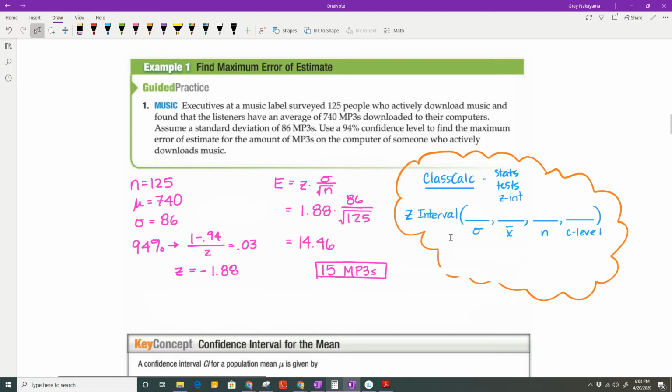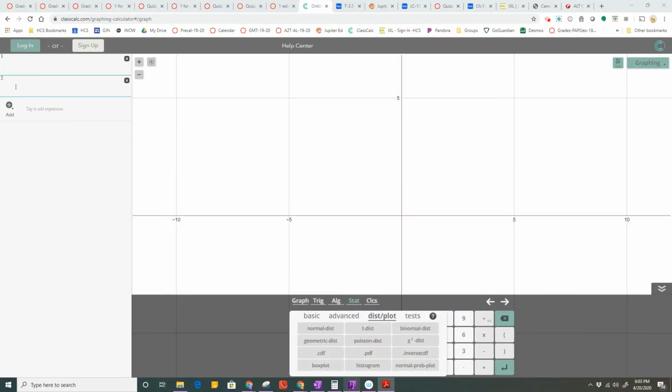Right underneath, you see the notation. That's sigma, which is my standard deviation. X bar is my mean. N is my sample size. And my C level, or confidence level, is 0.94. I'm going to put that in, and then we'll come back and show you how to answer.